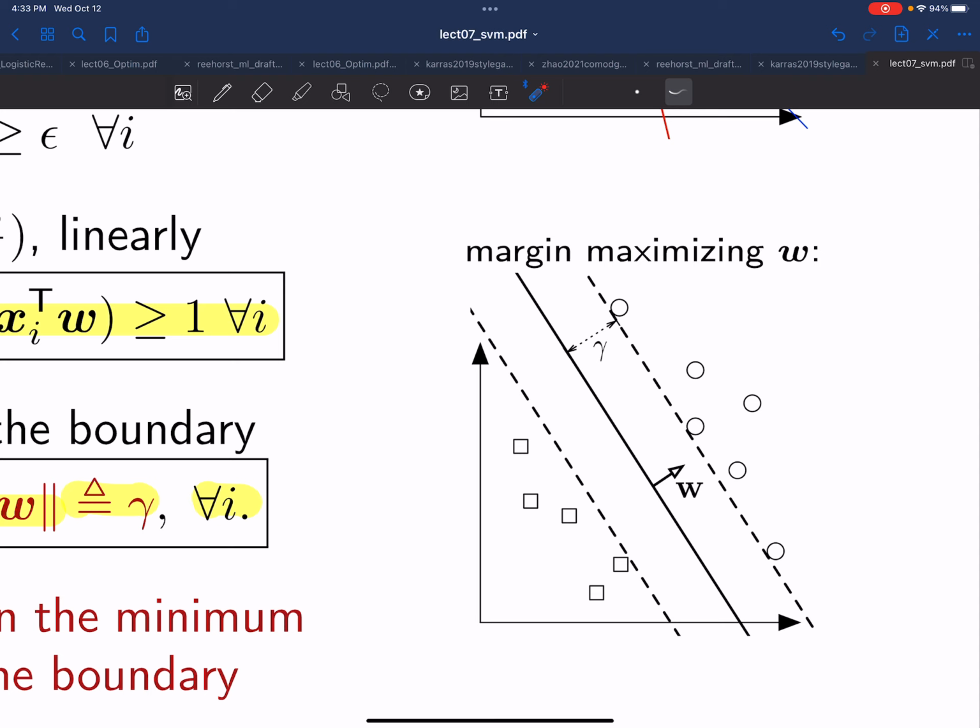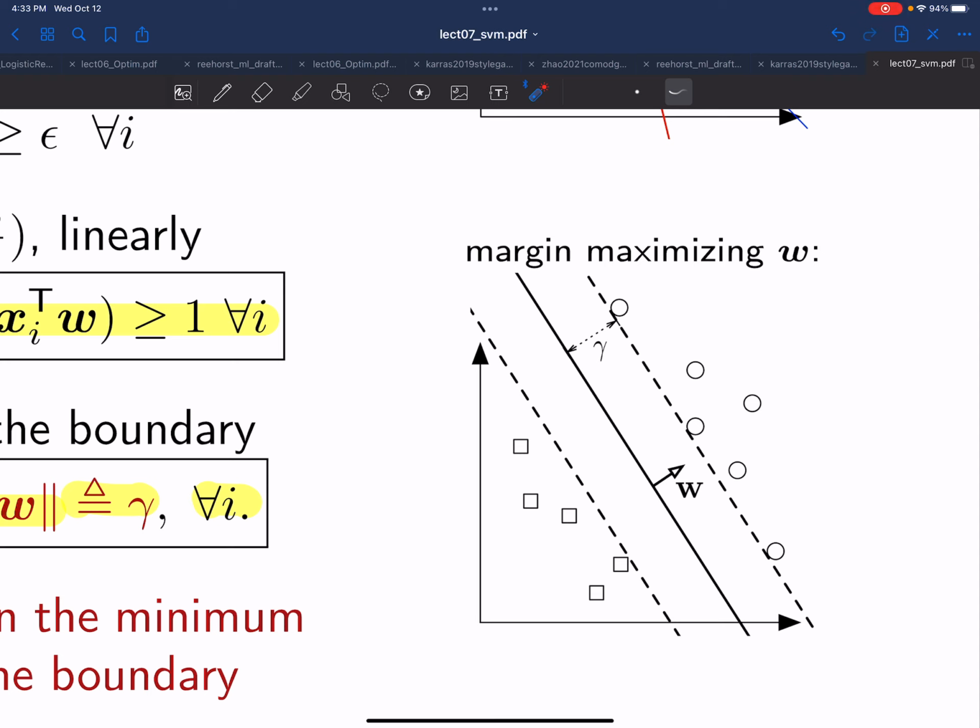Test data. The test data is not going to be exactly like the training data. We hope it's similar. And so if we're getting close to misclassifying on the training data, we're probably going to be misclassifying the test data. Whereas this one is robust because it has a big margin that is pushing it away from all the training points, which allows us, at test time, a bit of wiggle room.